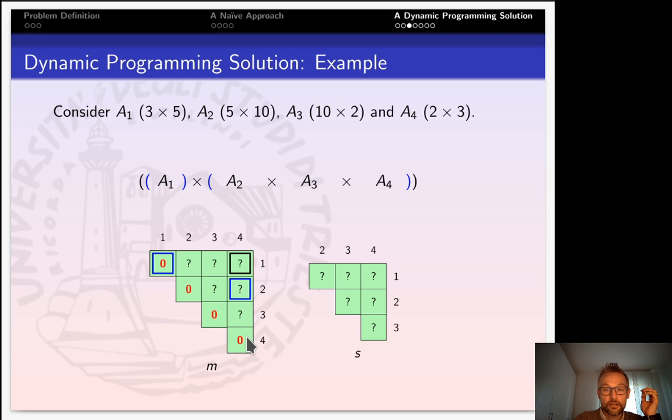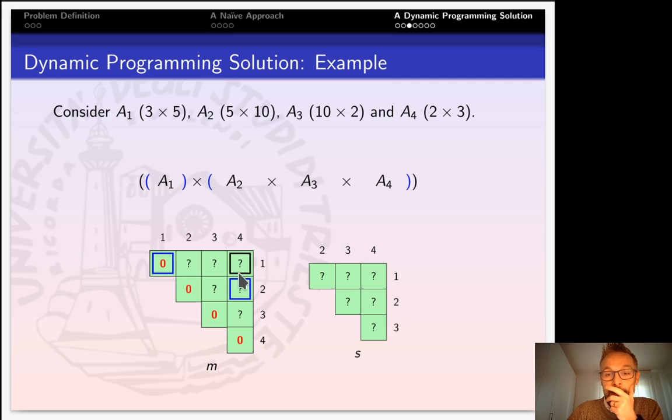Please notice that at the beginning of computation, all the elements on the main diagonal are set to 0, because they represent the minimum number of scalar multiplications required to solve the chain matrix multiplication between Ai and Ai. Okay, so these cells represent the chain matrix multiplication instances having one single matrix, and of course the number of scalar multiplications is 0 to perform a matrix multiplication of a single matrix.